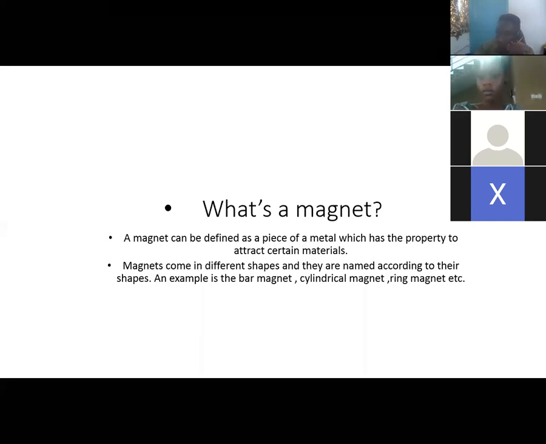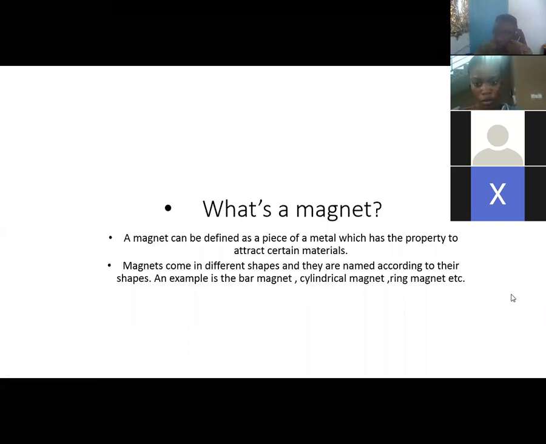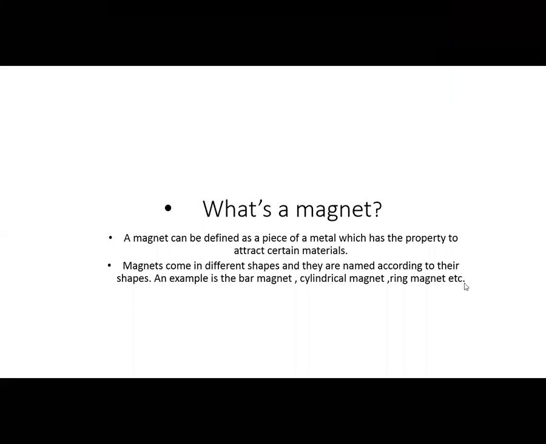So a magnet has the power to attract or repel based on the parts being brought together. As you can see on your screen, a magnet is defined as a piece of metal which has the property to attract certain materials. The materials are listed below.